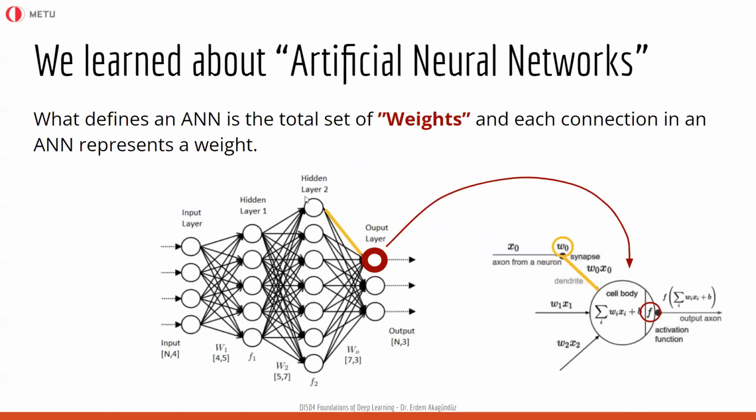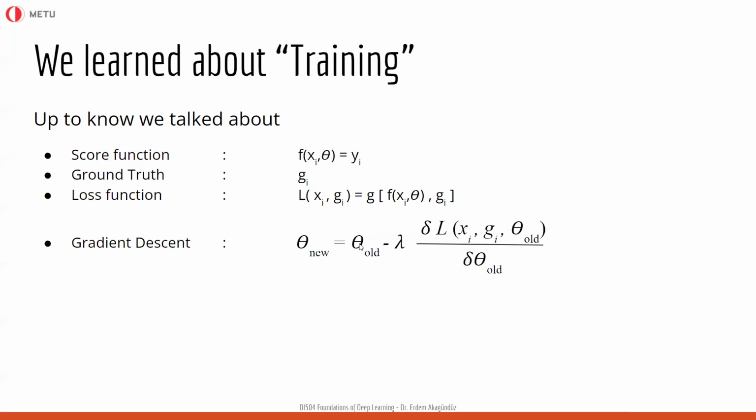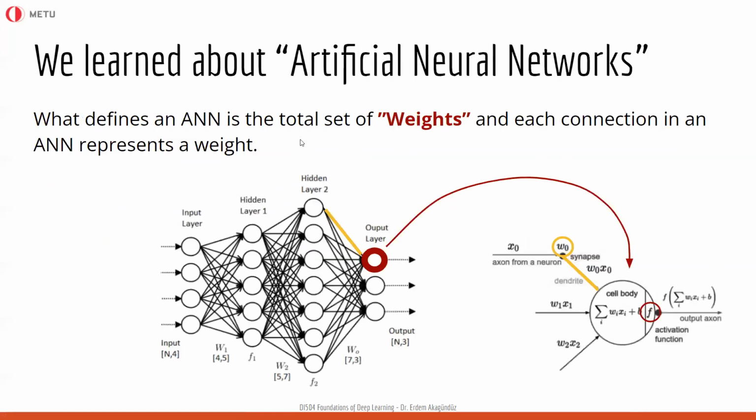How to do it in the artificial neural networks? Because this is something very general. This is the general training definition for machine learning. How to do it in deep learning? Before we understand how to do it in deep learning, we should first understand artificial neural networks, and that was what we did.